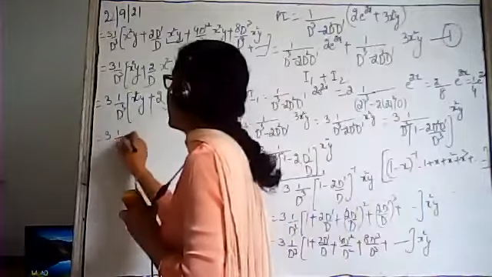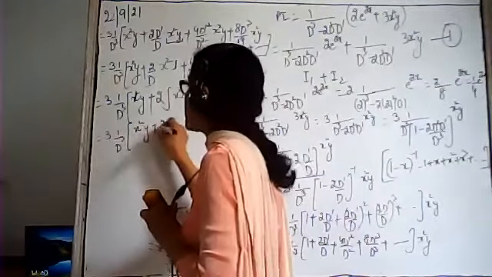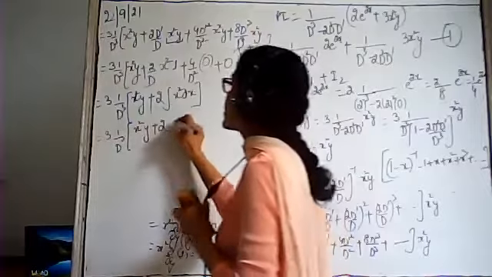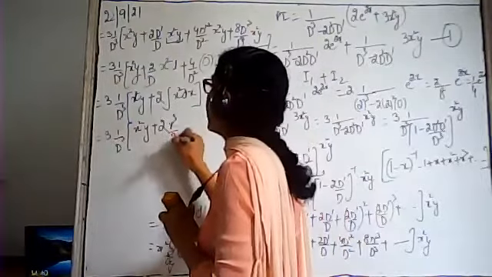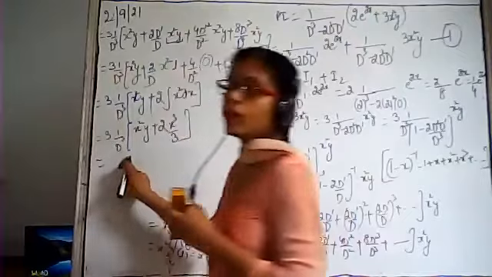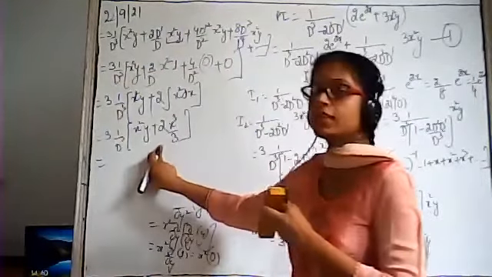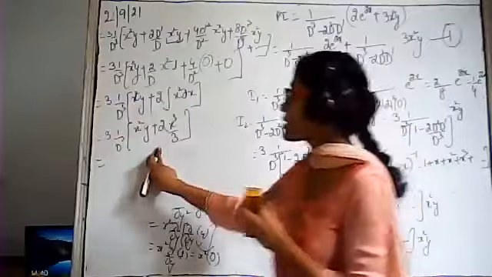3, 1 upon d cube into x square y plus 2 times integration of x square is x cube by 3. Again, we have 1 upon d cube. 1 upon d cube means we have to integrate this function 3 times with respect to x.